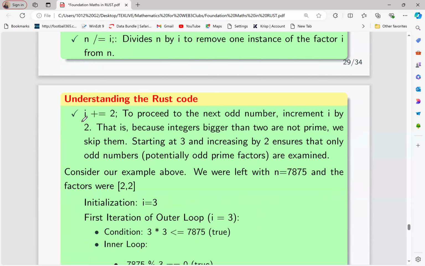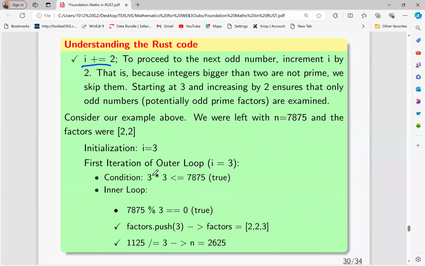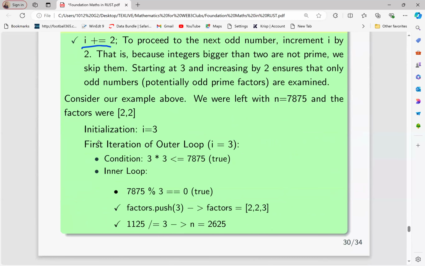So this is what I've been explaining. Now, let's just see how that part will work. Our n is this, and we already have these two factors. So we then come to the outer loop. The outer loop says, check if I times I is less than or equal to this.